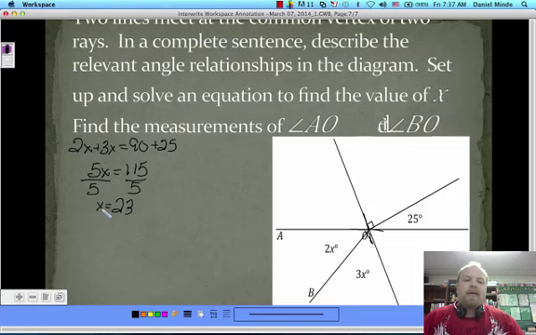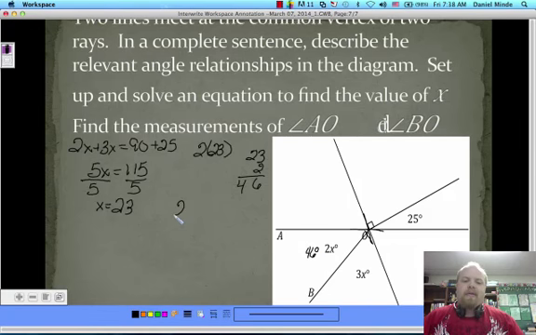Now that's part 2 of this. Part 3 is I had to find the measurements here. So I have to go 2 times 23. 3 times 2 is 6, 2 times 2 is 4. So this angle here is 46 degrees.